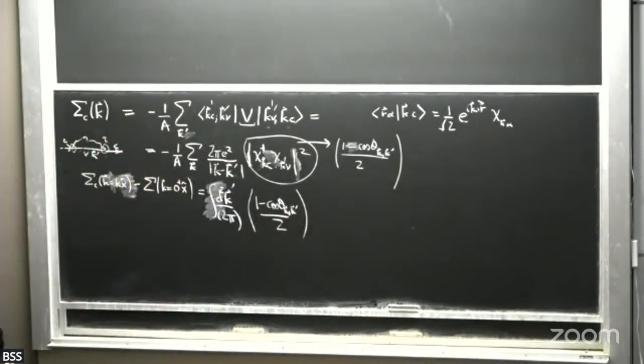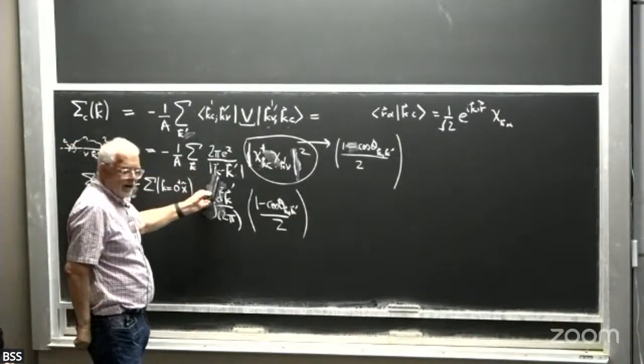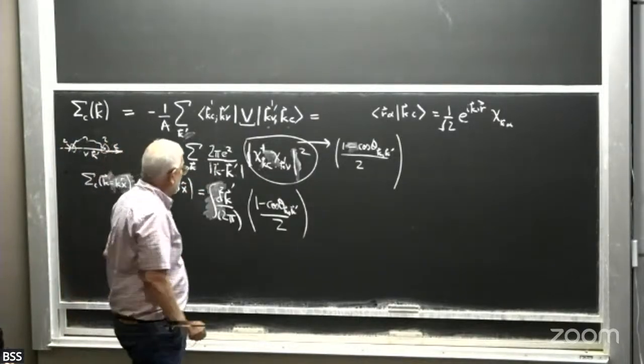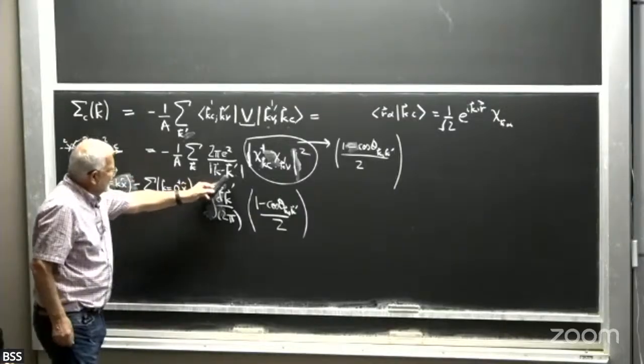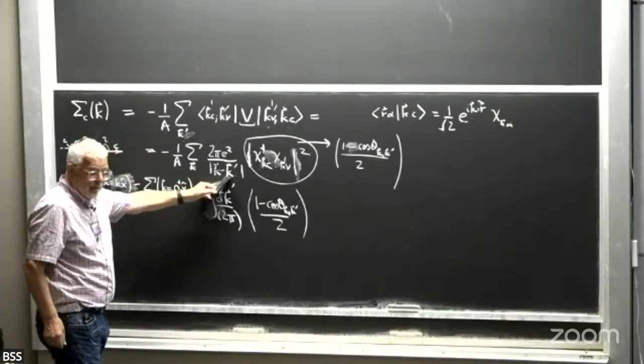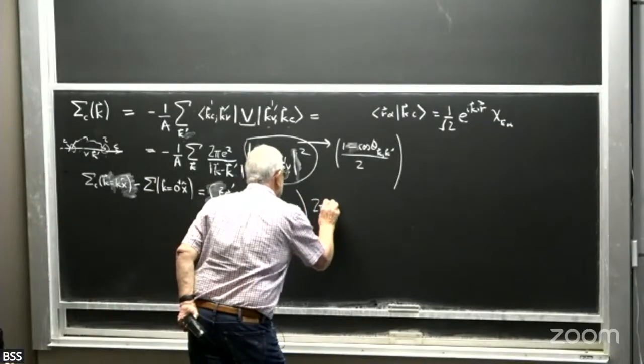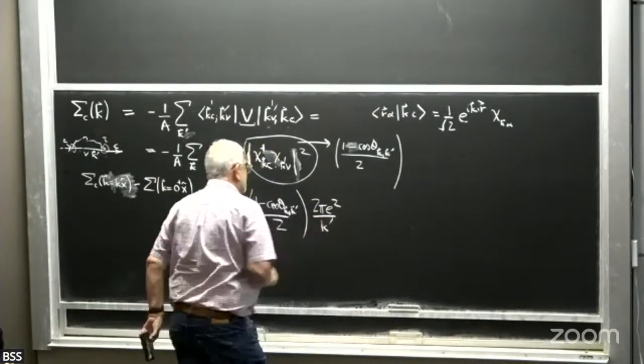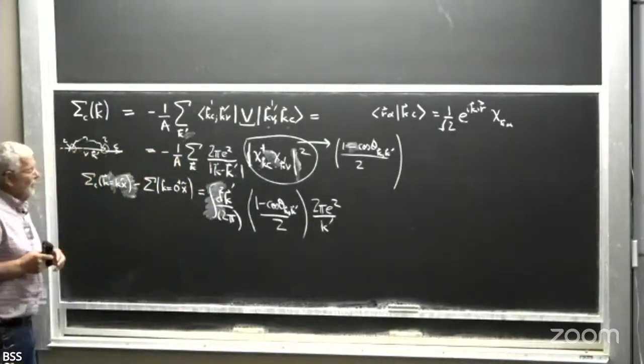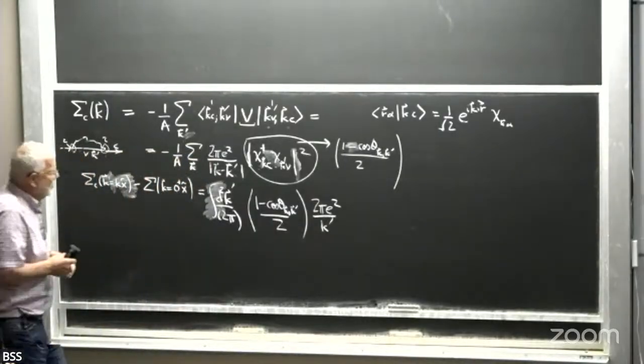Okay. And then I have 1 over k minus k prime. And almost everywhere in the integral, k is small compared to k prime. So I can write this as the 2D Coulomb interaction in momentum space, Fourier transformed at wave vector k.